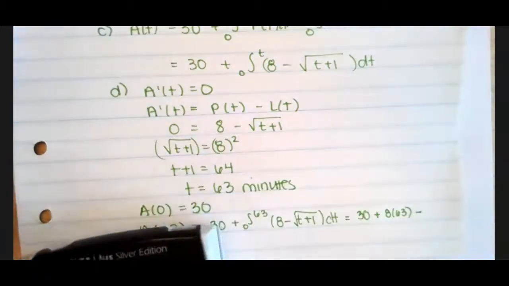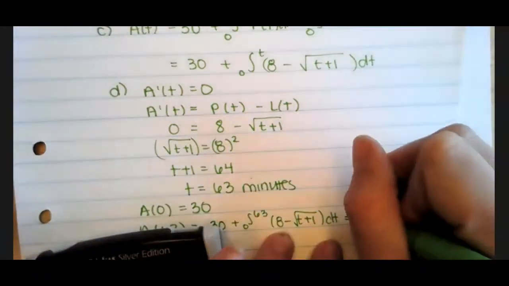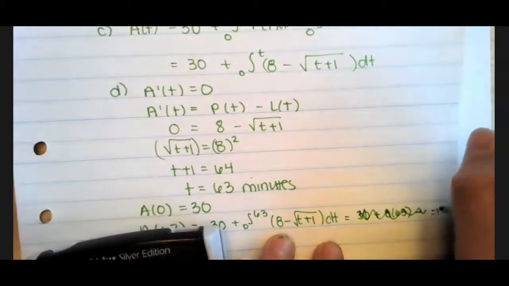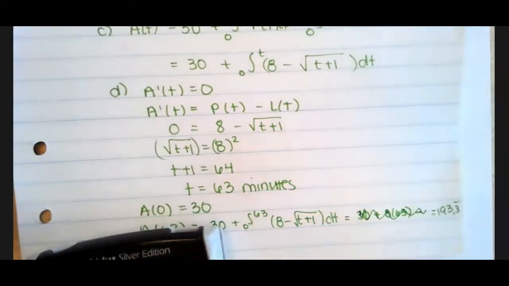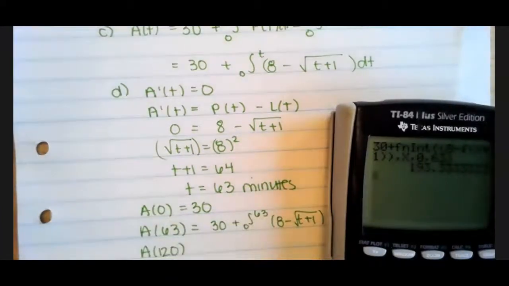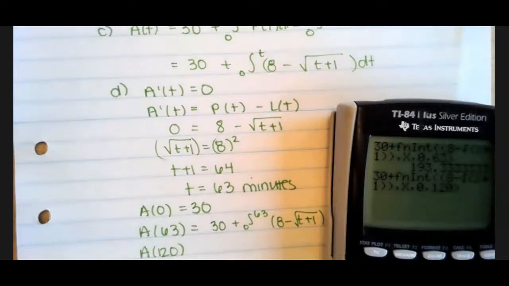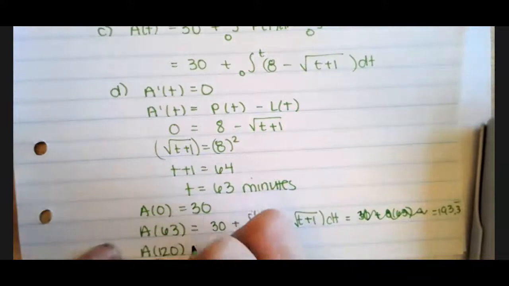So we get 193.3 repeating. I'm running out of room. And then you'd also go and do it again and change your bound to 120, and you get 103.3 repeating.